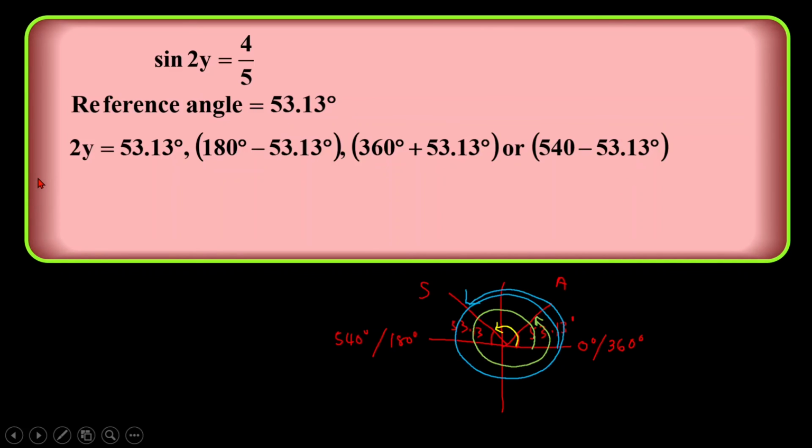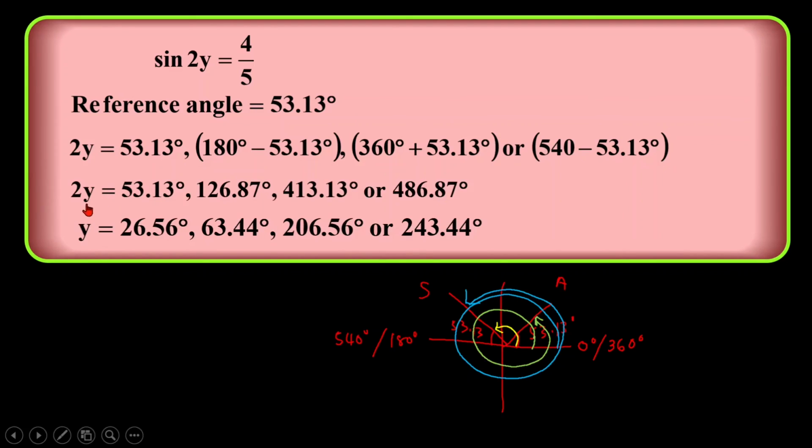Now once this is done, I'm going to calculate the answer. Usually I tell my students to calculate downwards. So I have 53.13 degrees for the 2y; straight away I press the calculator, 53.13 degrees divided by 2, and I write the answer down here.